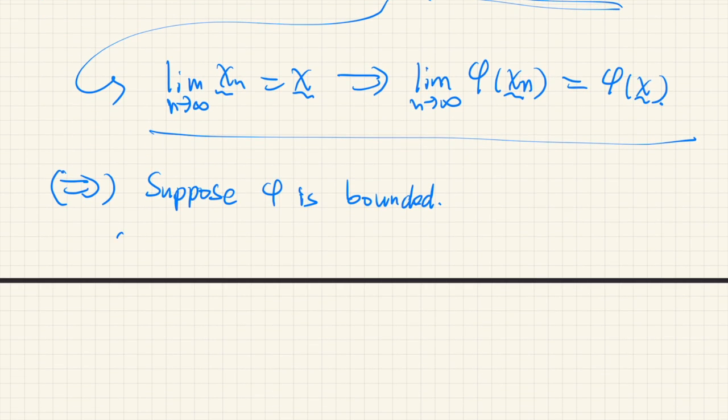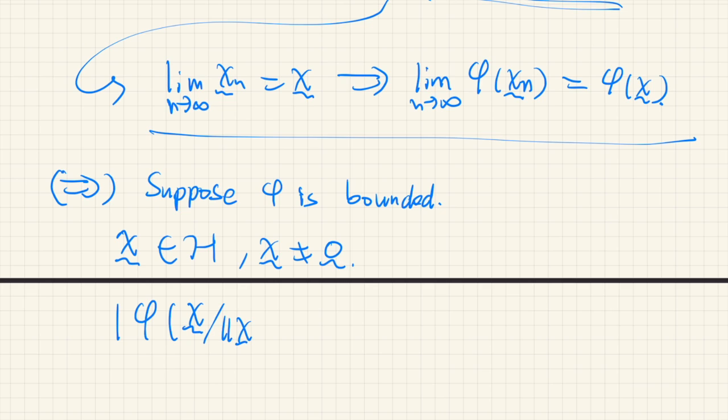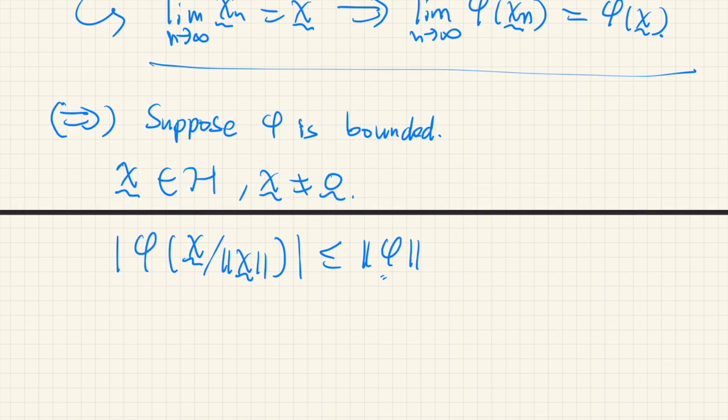Then for any x in the Hilbert space, assume x is non-zero, then the absolute value of phi of x over the norm of x, based on the definition of the norm of the functional, should be less than or equal to the norm of the functional, because this is defined in terms of the supremum of the functional value.